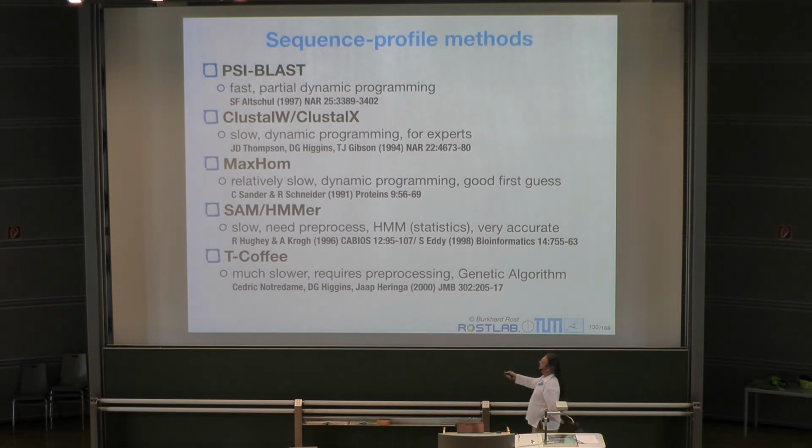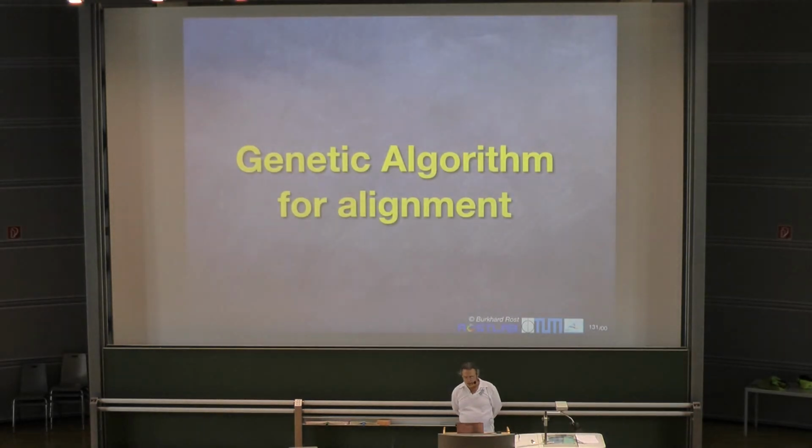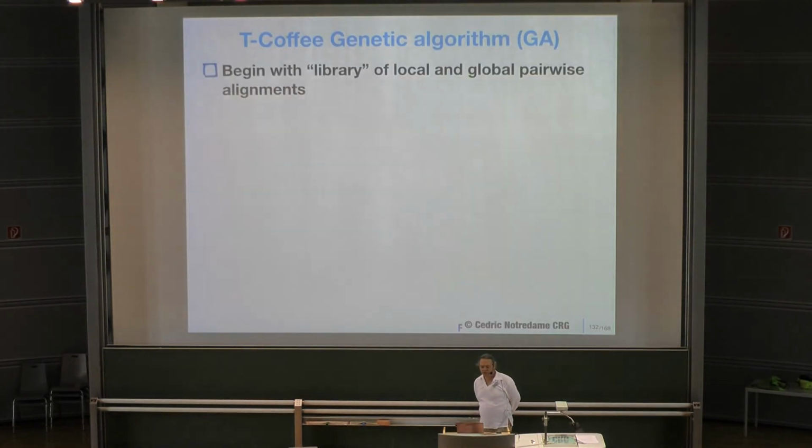T-coffee. This is much slower, requires pre-processing, and is a genetic algorithm. The beauty of a genetic algorithm is you can throw in a mix of very different things. In this particular case, for instance, it begins with a library of local and global alignments.